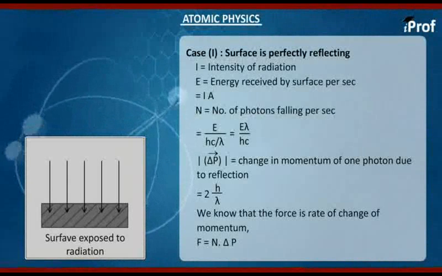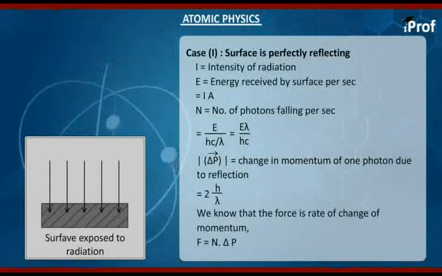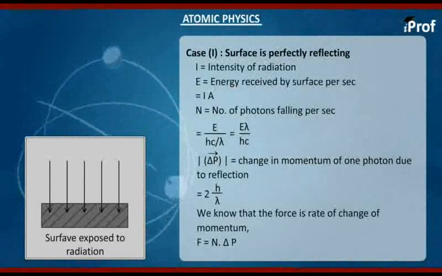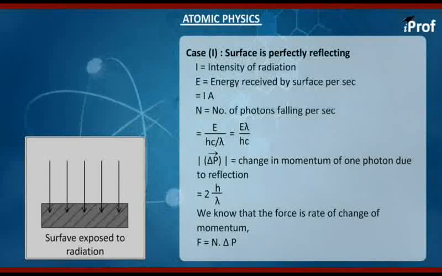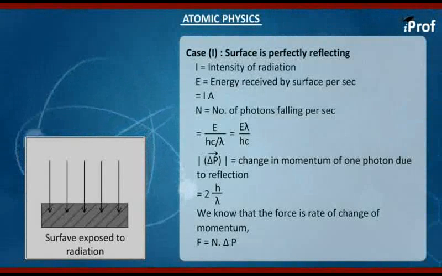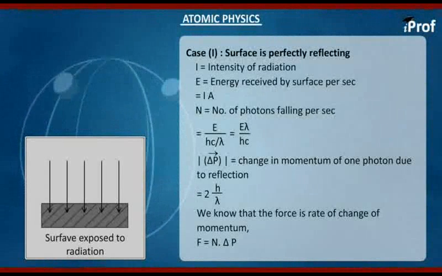Now let's calculate the energy received by the surface per second. The energy received by the surface per second will be the intensity multiplied by the area of the surface exposed to the radiation. Here it is given that radiation is falling on the surface normally.